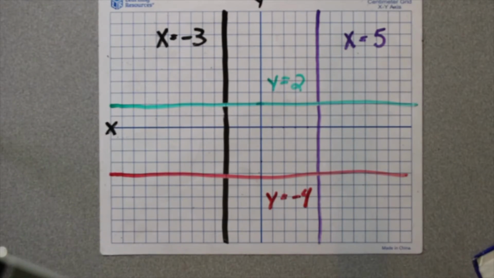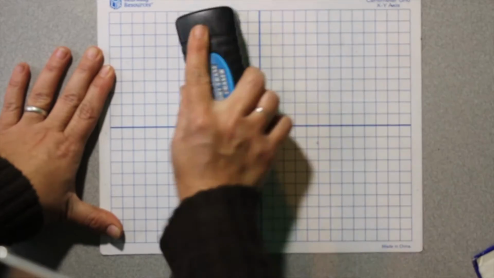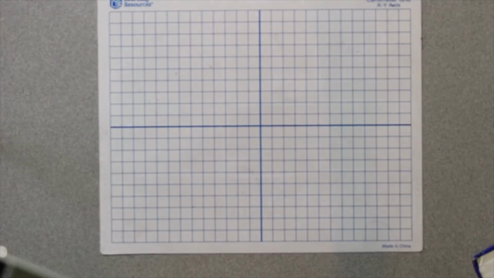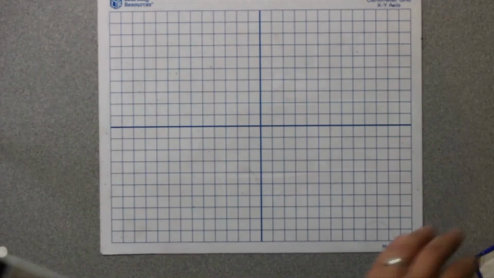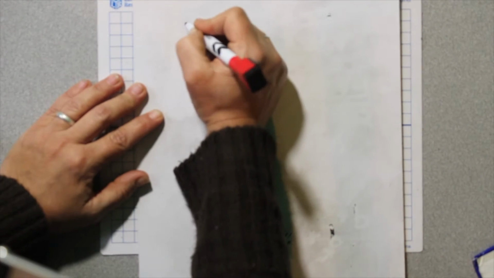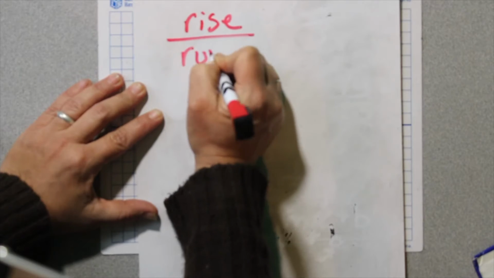Alright, the next part is going to be about slanted lines, lines that aren't straight. They have a slant to them, and in math we call a slant a slope. Alright, so slope is going to be a number represented by rise over run.